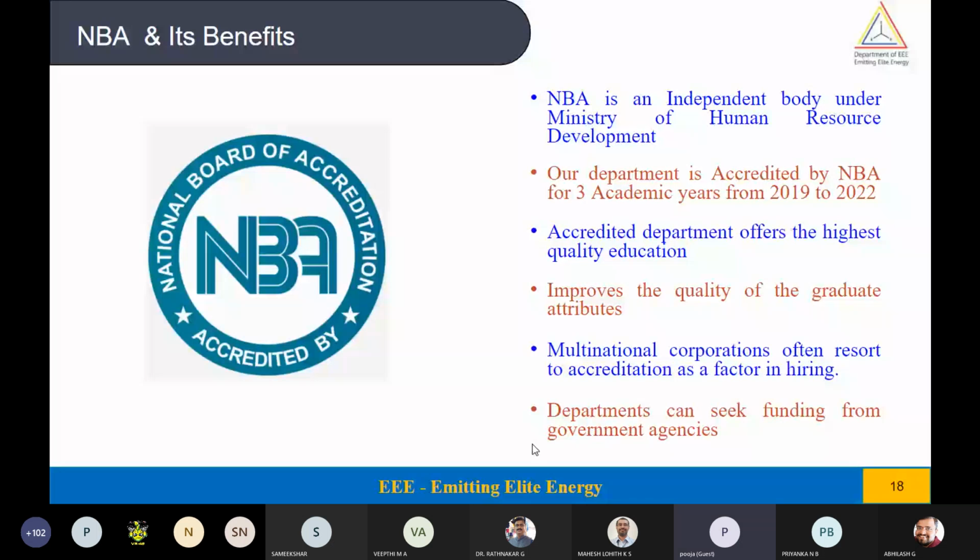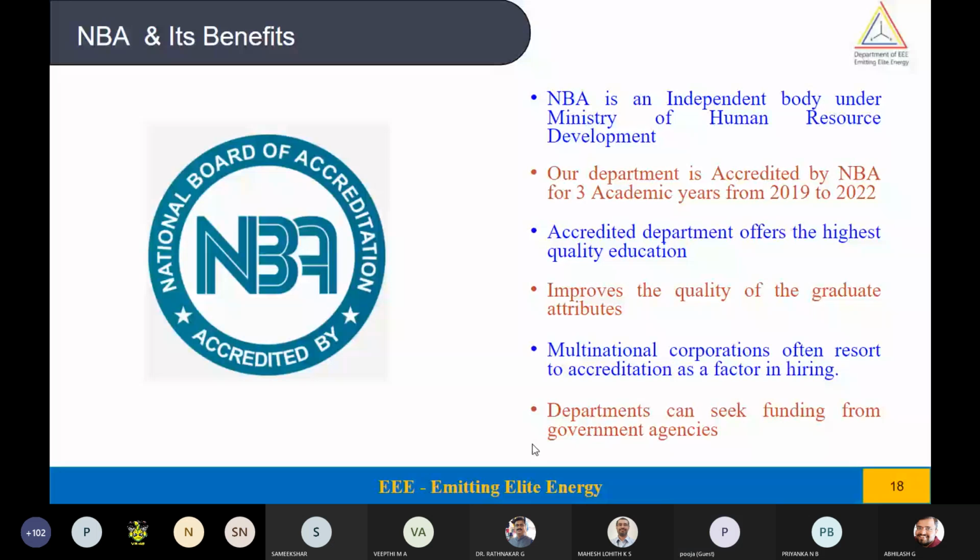That is what I said. If they are certifying us, it is of the highest quality, and definitely it is going to improve the quality of the graduate attributes. A graduate is expected to do some job once he goes out of the college, so we are going to improve the quality with this certification.